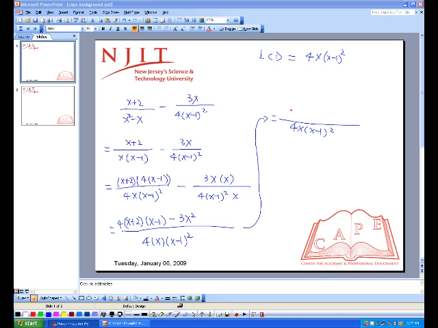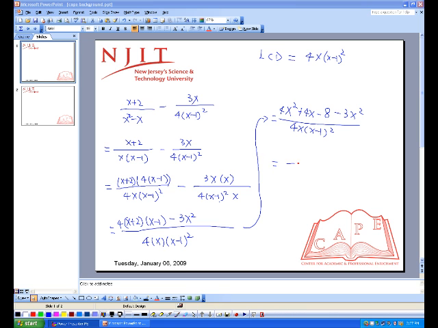Now we have to multiply 4 times x plus 2 times x minus 1 out. If you do the math, it will be 4x squared plus 4x minus 8, then minus 3x squared.